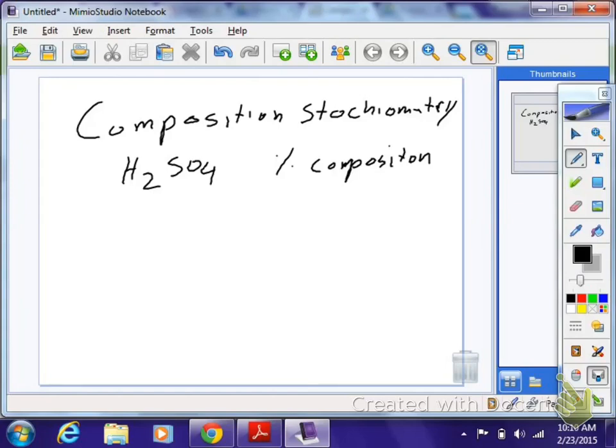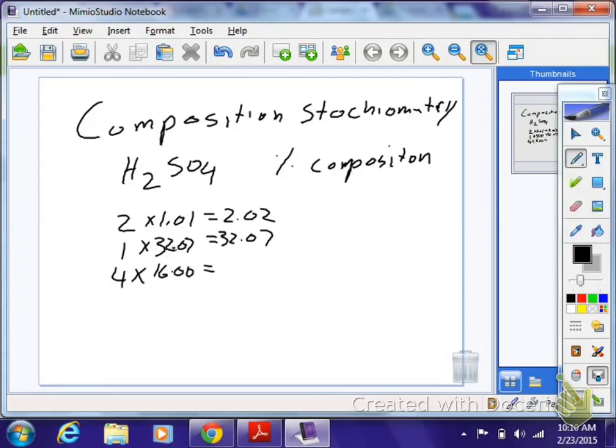I could add up the 2 hydrogens, then the 1 sulfur, 32.07, then the 4 oxygens, and I get an answer of 98.09 grams.